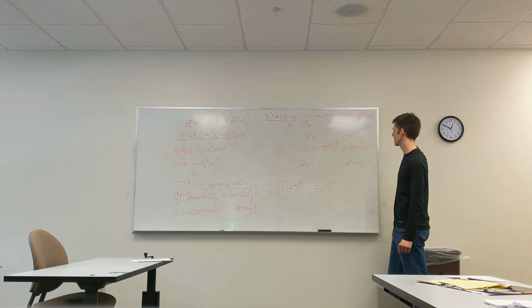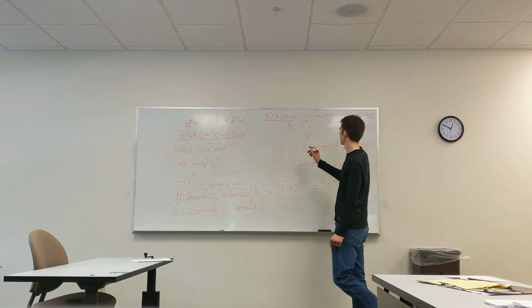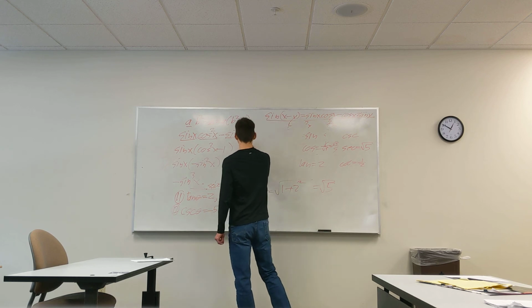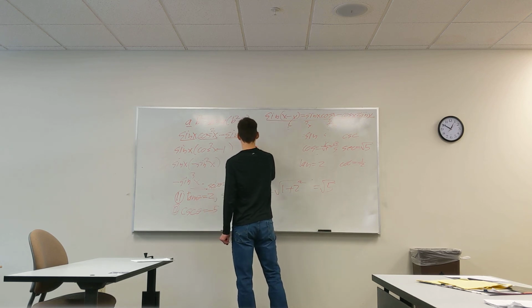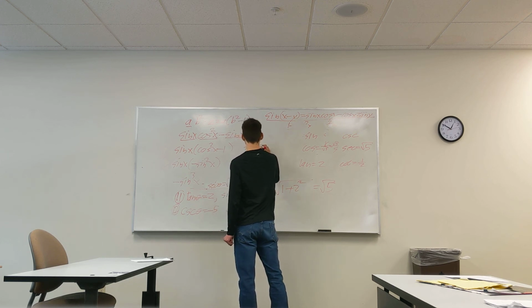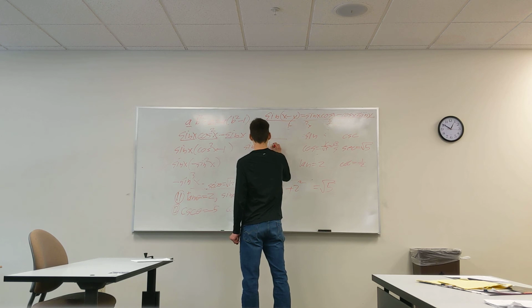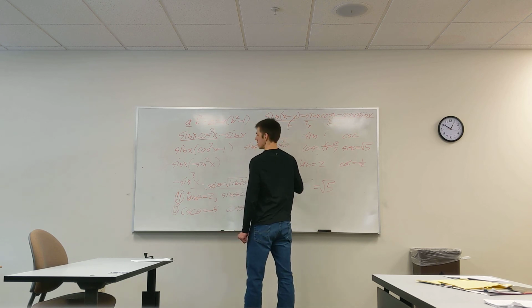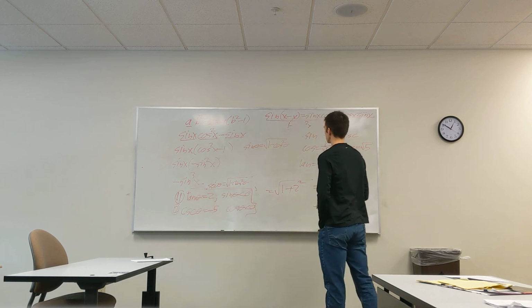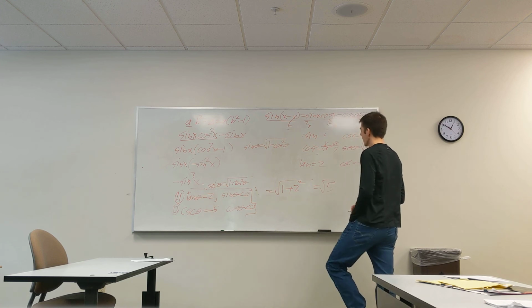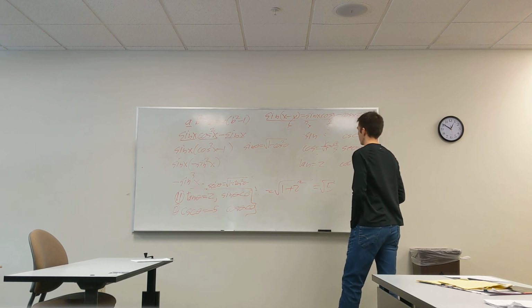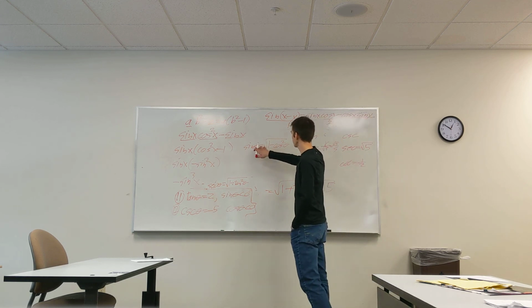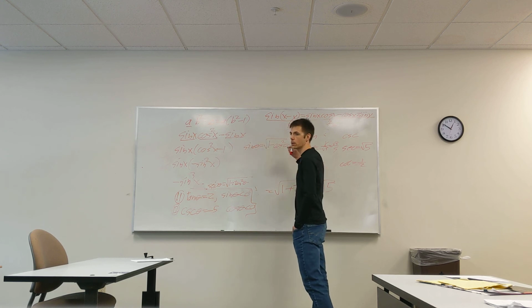What is sine? I could go sine of theta is equal to the square root of 1 minus cosine squared theta. I could do that, right? Or I could use tangent, and sine over cosine is tangent. But this is using that sine squared plus cosine squared is 1.